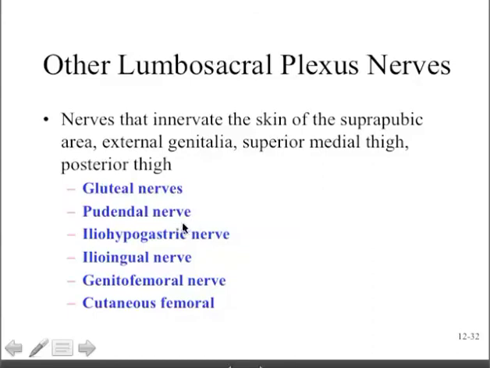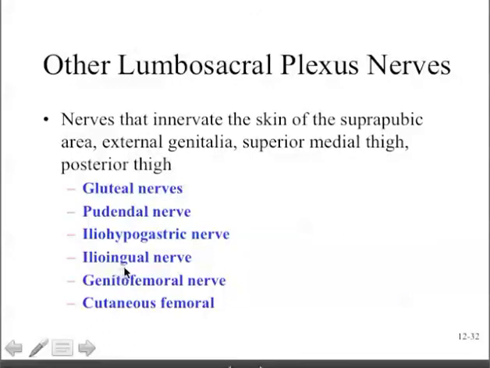The pudendal nerve is going to run essentially near the genitalia. The iliohypogastric nerve, again, break the name apart, it's going to run between the ilium and above the gastric region, which is near the stomach.